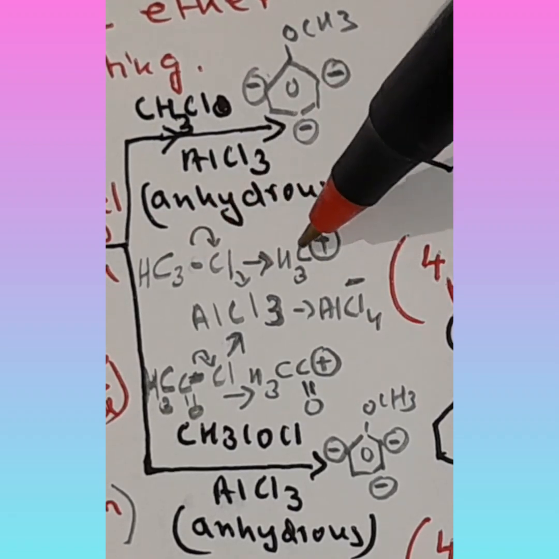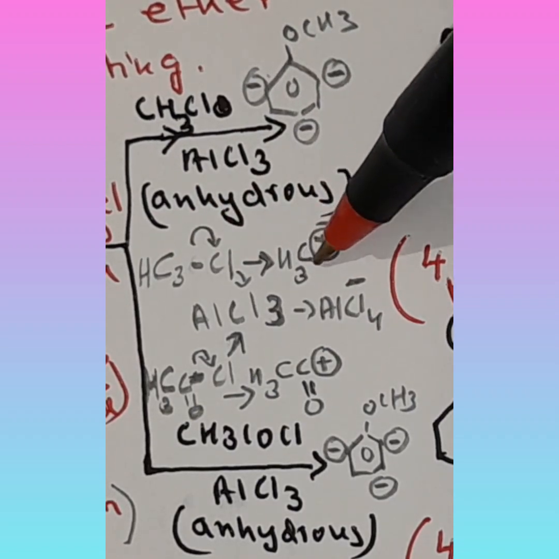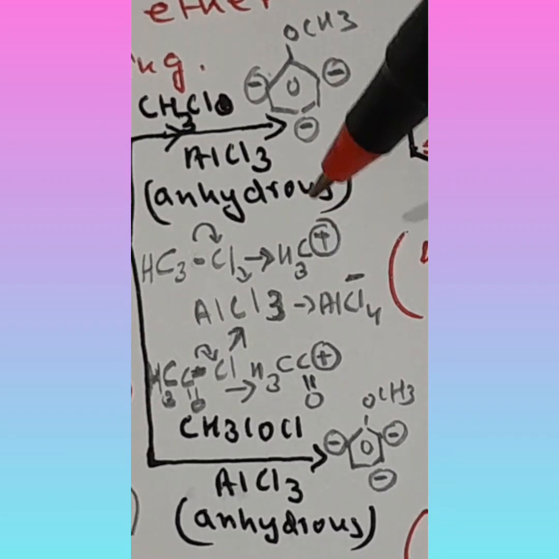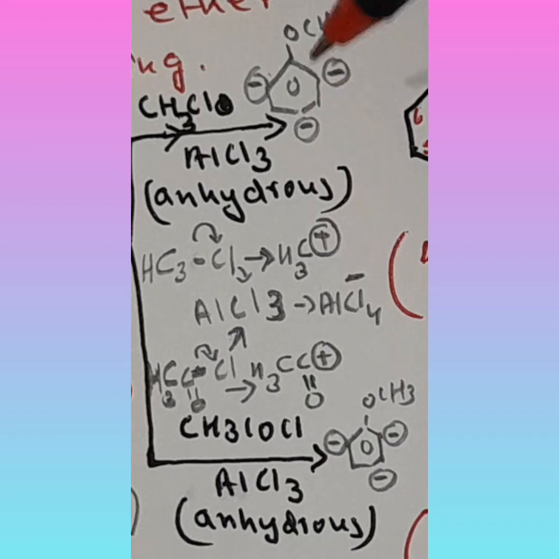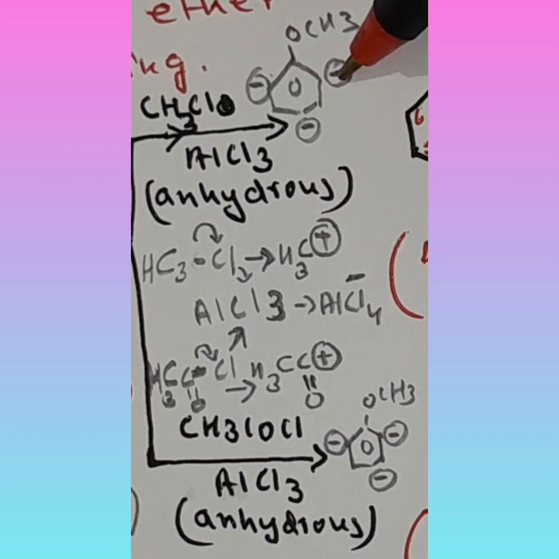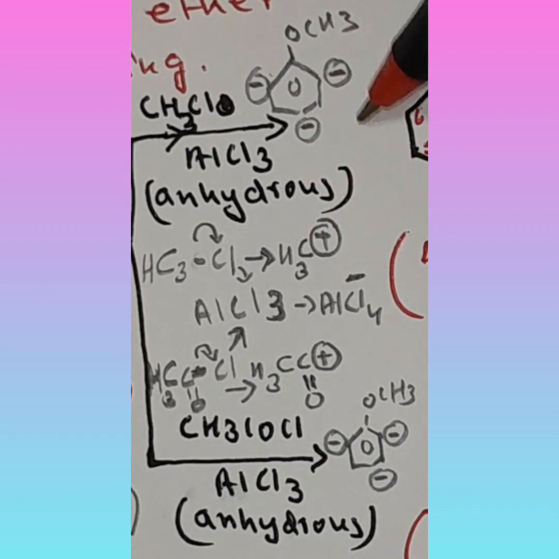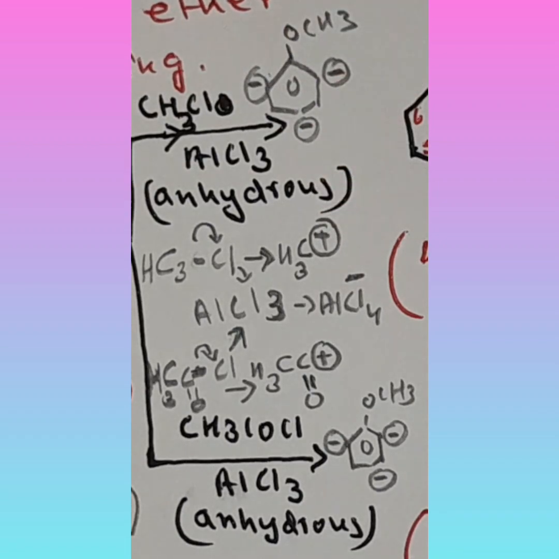Thus, the carbocation is generated. Now the situation of electrophile and nucleophile is developed. So, the nucleophile would now attack the carbocation. Alright, it could be either ortho or para. So let's understand what actually happens.